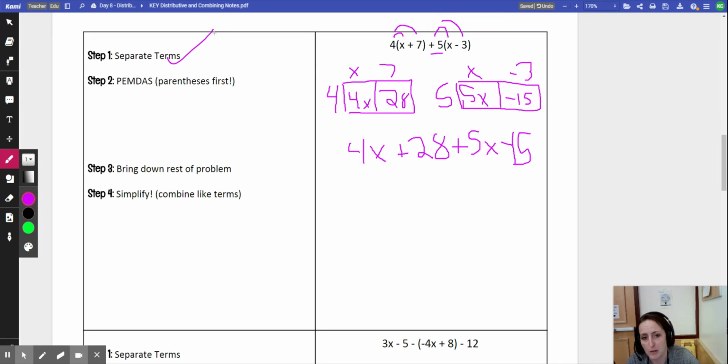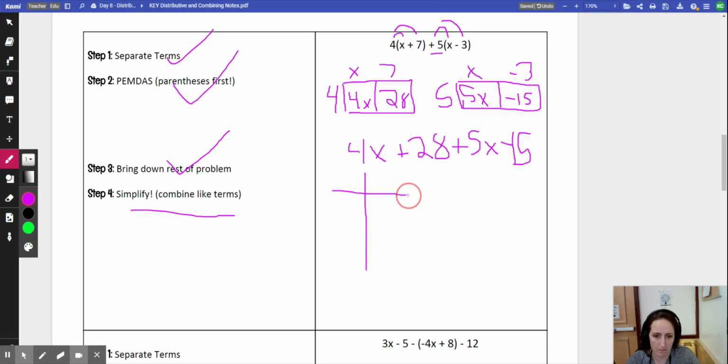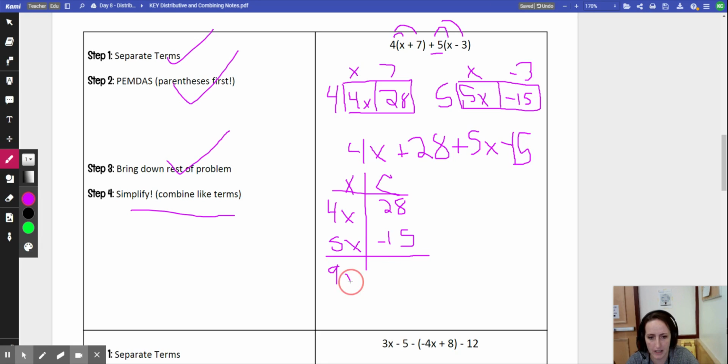So I've separated my terms, I've done my parentheses, I've brought down my whole problem. Finally, I'm at step 4, which is to simplify. Make your t-chart. You've got x's, you've got constants. So we have 4x, 28, 5x, negative 15. 4 plus 5 is 9x.